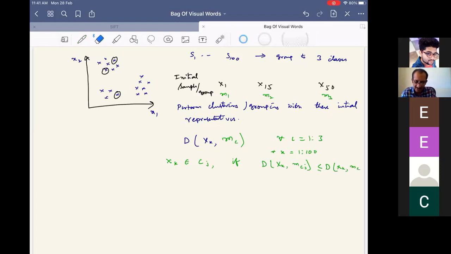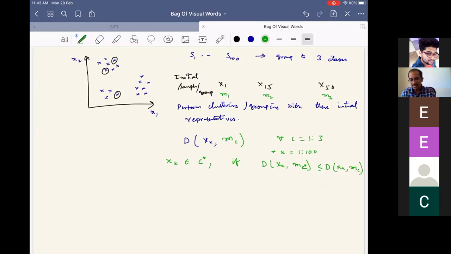Since I have written C itself as the variable, Xk belongs to the Cth class if the distance between Xk and MC is lesser than MP, where P is equal to 1, 2, 3 here. Considering our notation, C is our MC star. Xk belongs to C star. You people are able to understand what I'm writing here, right?